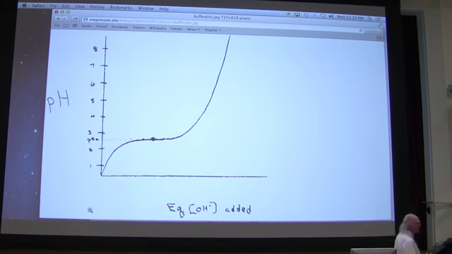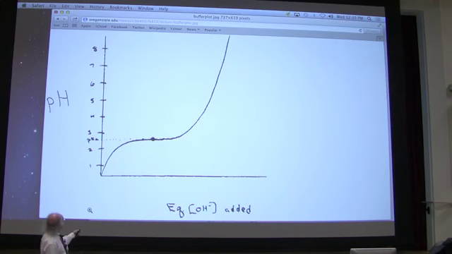So for acetic acid, which has a pKa of 4.76, the buffering region will be between 3.76 and 5.76. And if I'm in that region, I will not see the pH change very much.